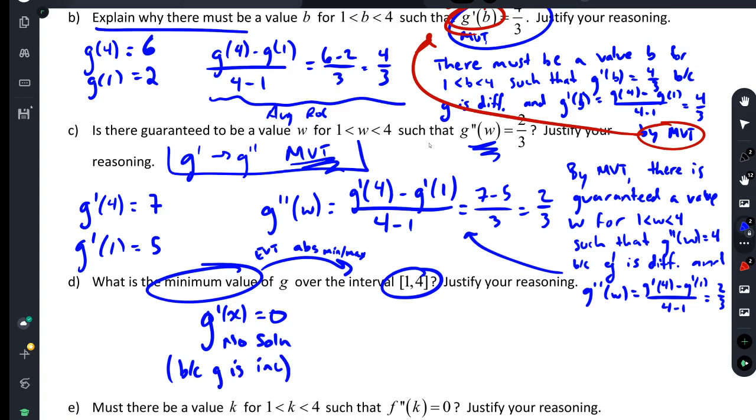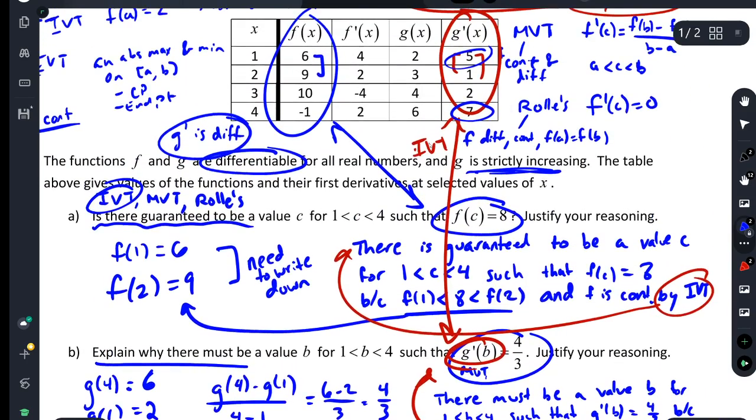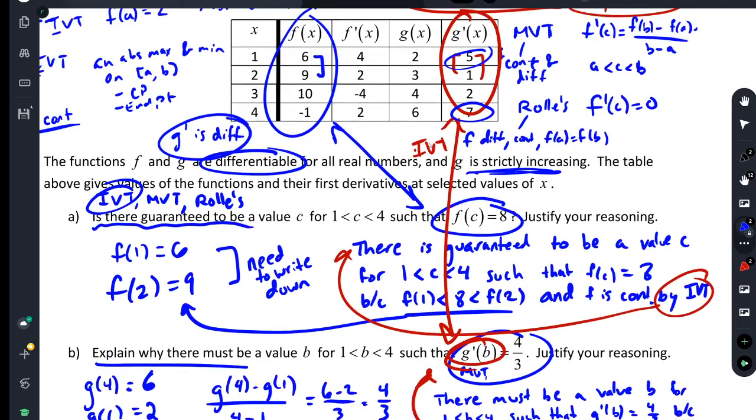Now, what did EVT tell me? EVT told me that the maximums or minimums occur at critical points or endpoints. So if I make a table to help me out, my endpoints here are 1 and 4, and I don't have any critical points. So at 1, G is 2, and at 4, G is 6.